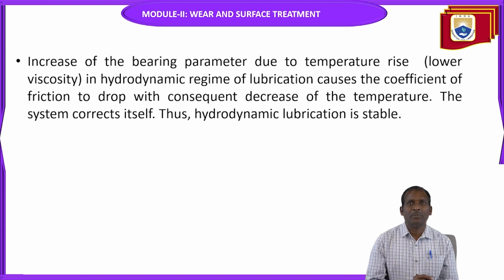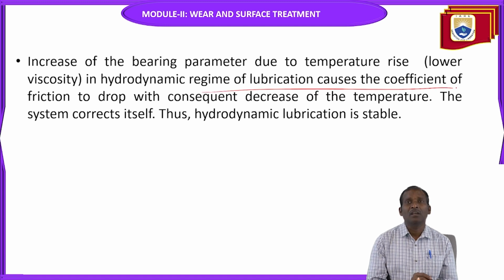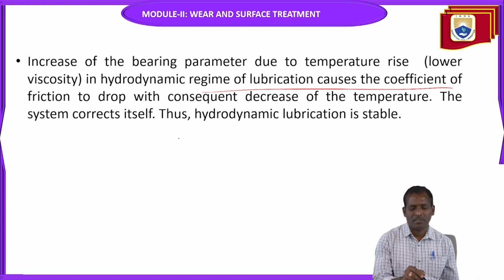Next, consider an increase of the bearing parameter due to temperature rise, which means lower viscosity. In hydrodynamic regions of lubrication, this causes the coefficient of friction to drop with a consequent decrease of the temperature. So the system corrects itself, and thus hydrodynamic lubrication is stable.